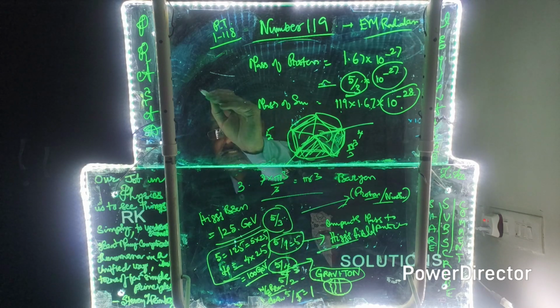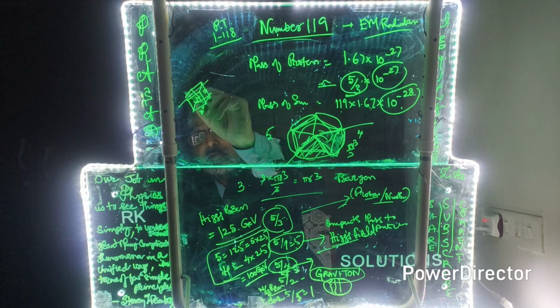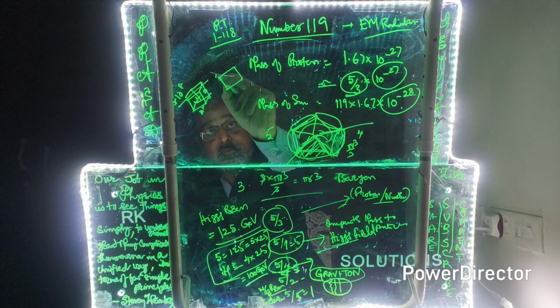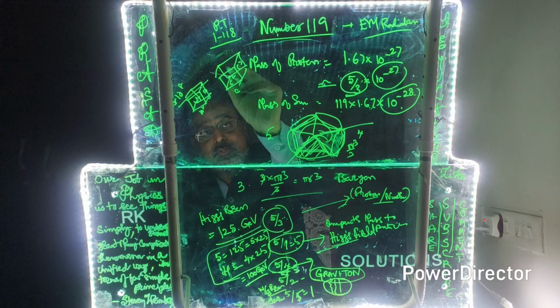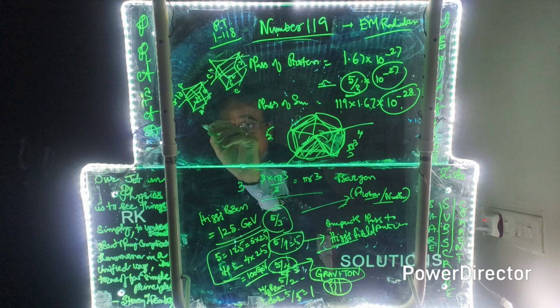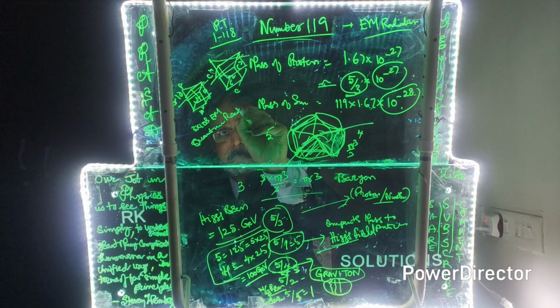Last time, while explaining these, I took 10 squared, 10 to the 4, 10 to the 6, 10 to the 8, and then C, C squared, C cubed, C raised to 4. This 3 into 10 raised to 8 was electromagnetic radiation, the quantum world, the quantum realm.